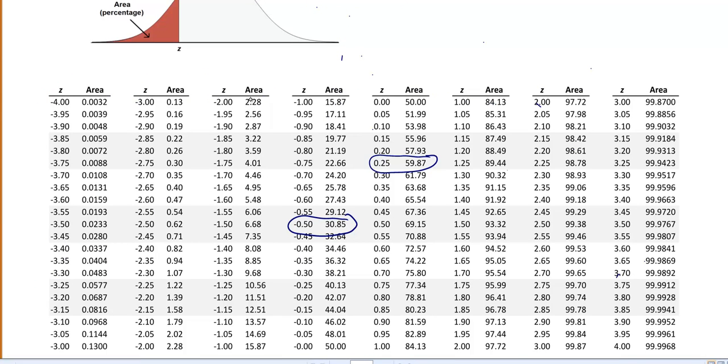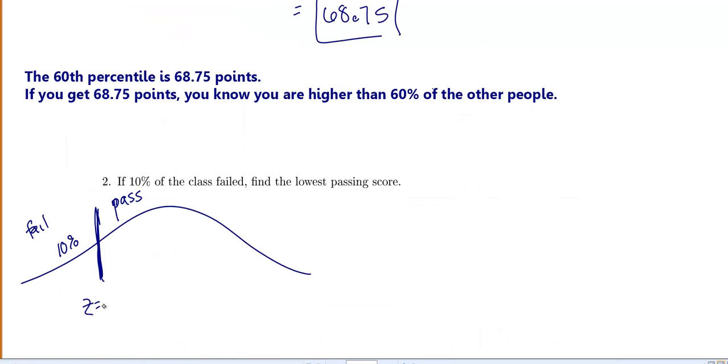So if we look up 10% on my table, I think this negative 1.3 is technically closer. So z equals negative 1.30. So x equals our average plus the number of standard deviations times the standard deviation.